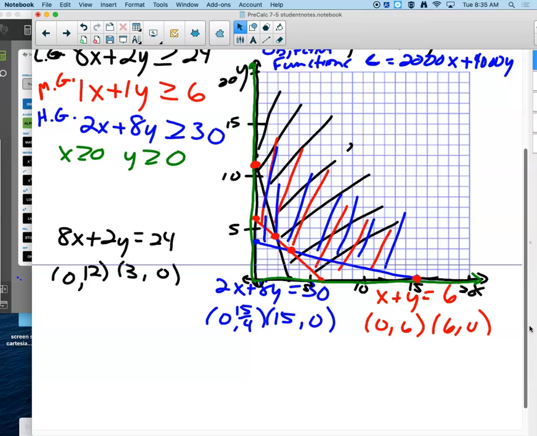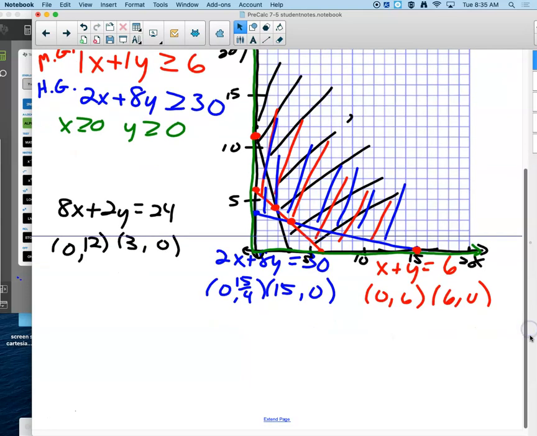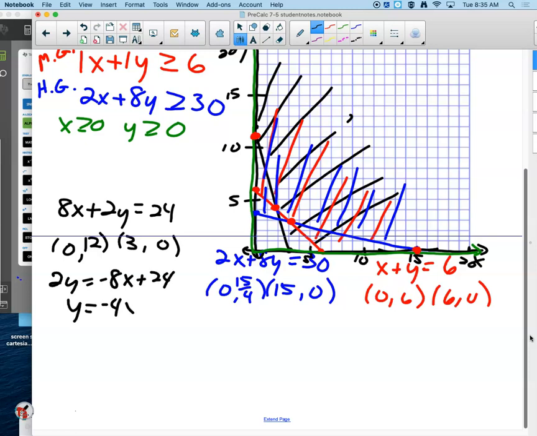So again, we need to figure out where those are going to be, which is so helpful to have the graphing calculator for this. So let's just get these solved for y so we can pop them in. Again, keep them color-coded.